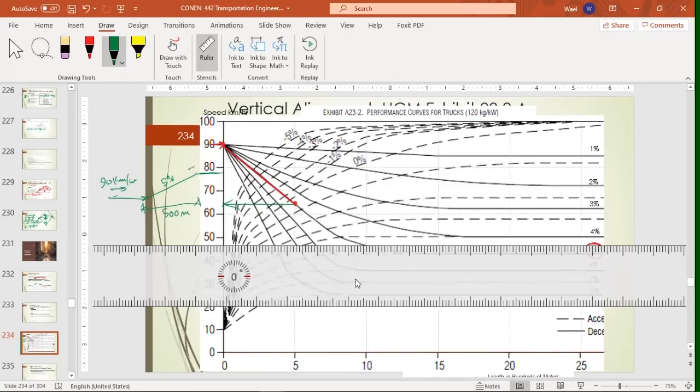The speed of this truck once it finished that grade will be this speed, which is almost 64 kilometers per hour. At the end of the grade it will be 64.